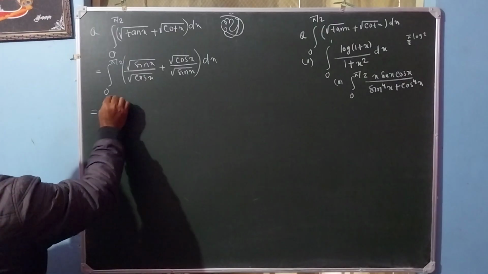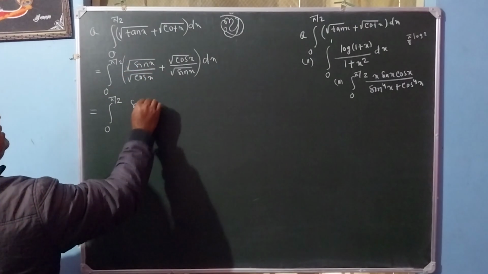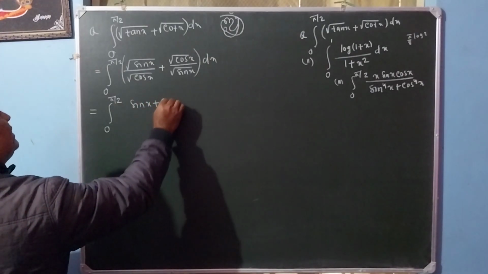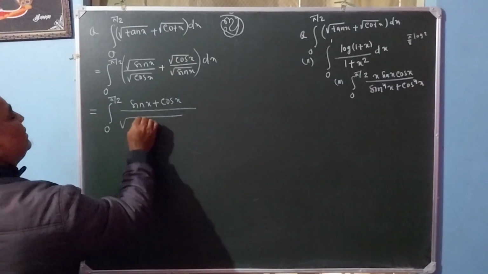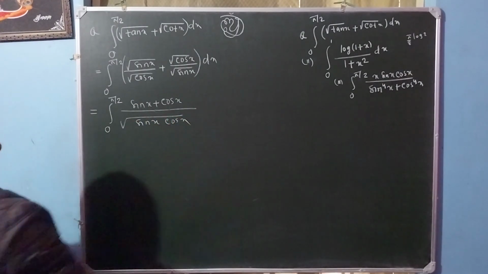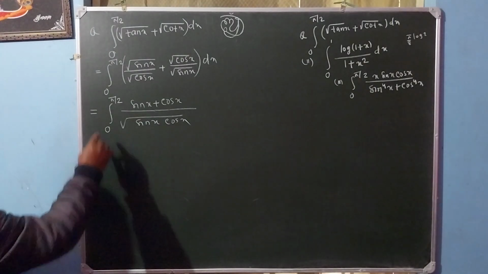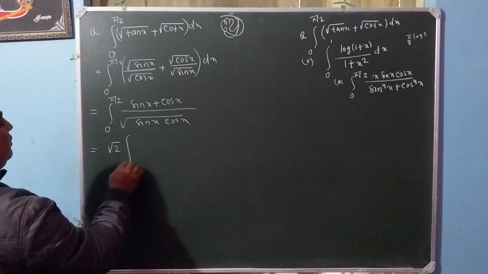Integration from 0 to pi by 2, here it is sin x plus cos x over root over of sin x into cos x. So now we have to multiply root 2 here.